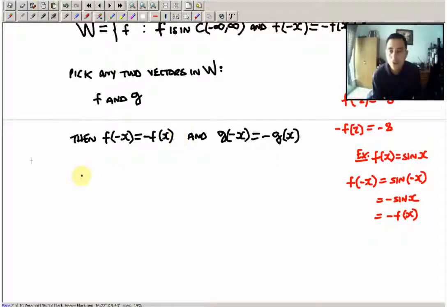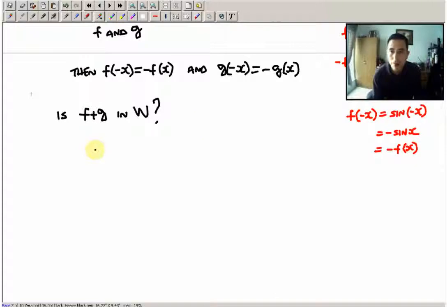And what we need to do is to compute the sum f plus g. Is this thing in W? How do we show it? Well, let's compute the sum. What is f plus g applied at negative x?